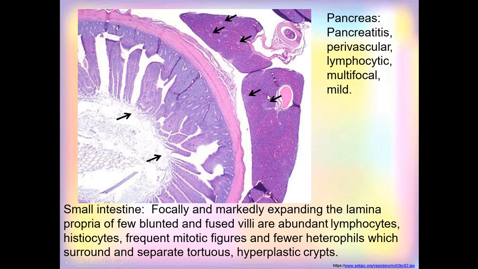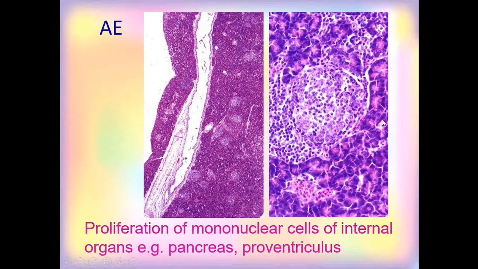And increased size of lymphoid follicles in the pancreas. Here, increased size of lymphoid follicles, follicles that are composed of lymphocytes, in the pancreas. Similar changes we see also in the proventriculus.